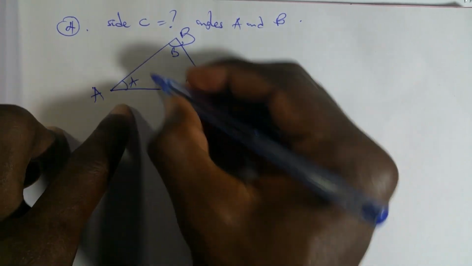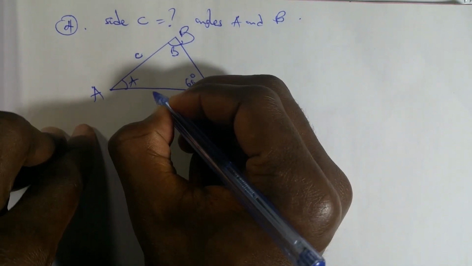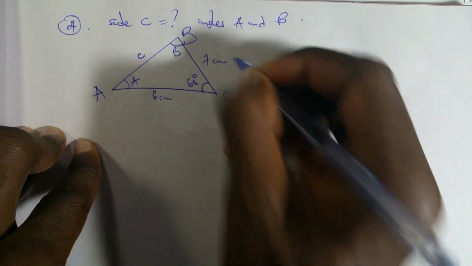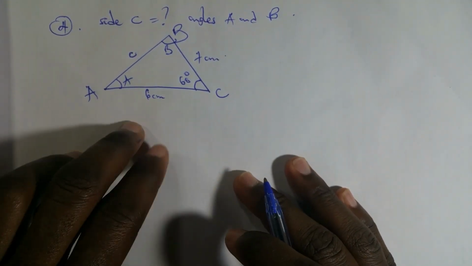Now let's say we don't know this side, which is c, and here we have 6 centimeters and 7 centimeters here.